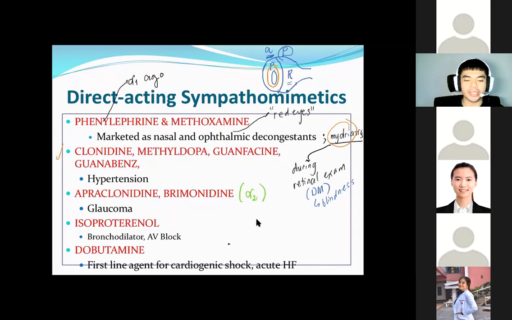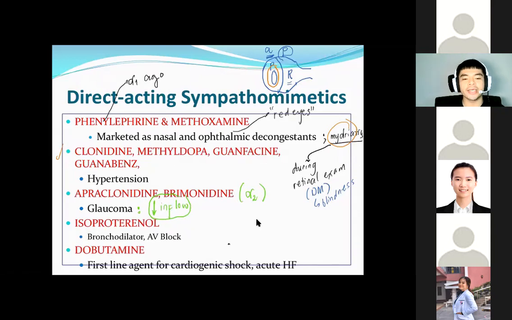These agents are anti-glaucoma. Their mechanism of anti-glaucoma action is that they decrease inflow, thus lowering intraocular pressure.